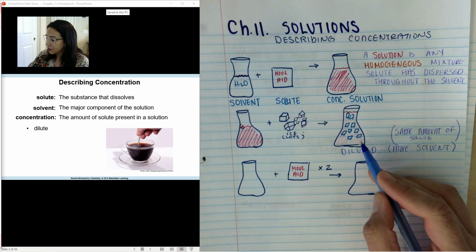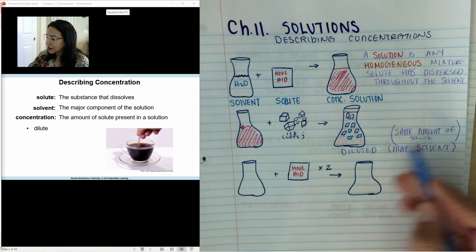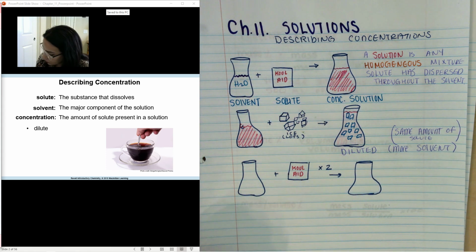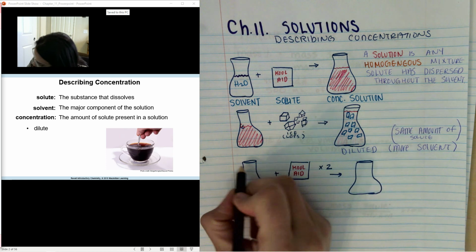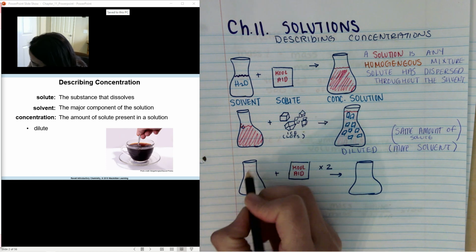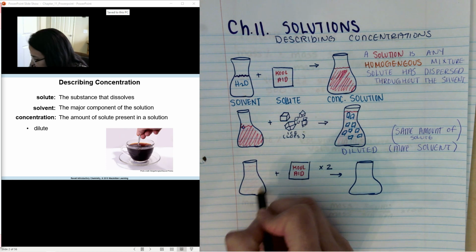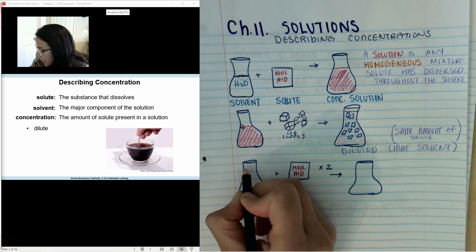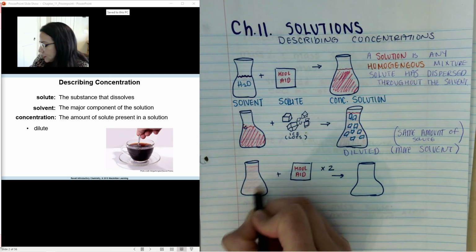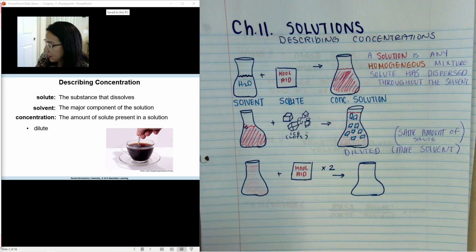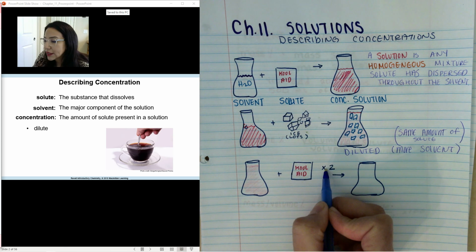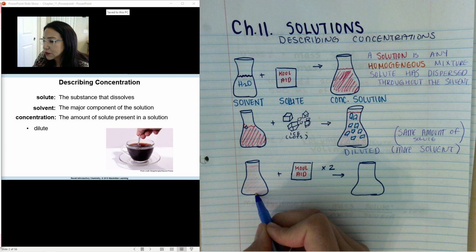Now let's say we didn't like that diluted solution. What can we do to help out this diluted solution? Here's my diluted solution. The ice is all melted in it, so now I just have tons of diluted solution. I'm going to add Kool-Aid packets, this time 2 Kool-Aid packets, to this solution.